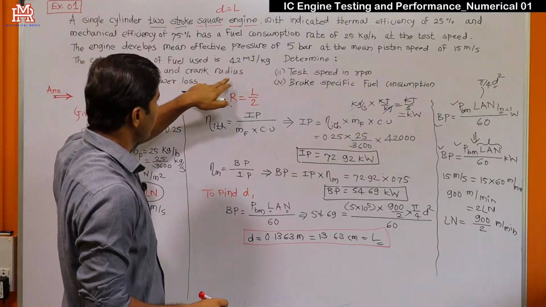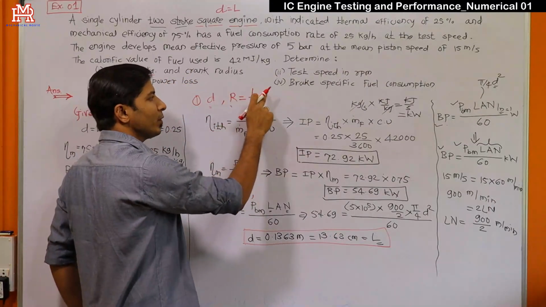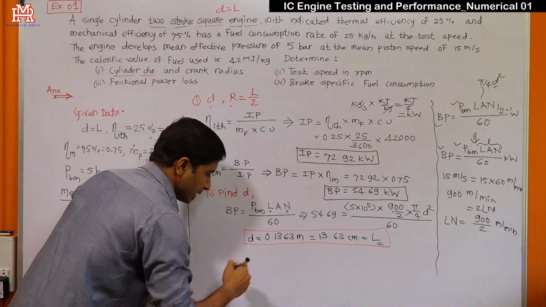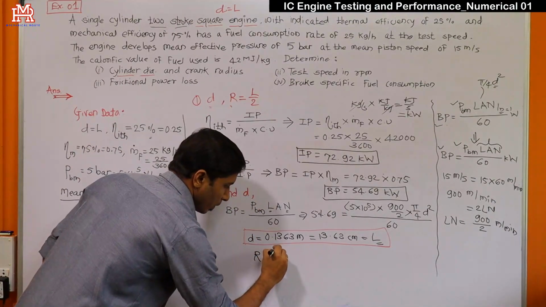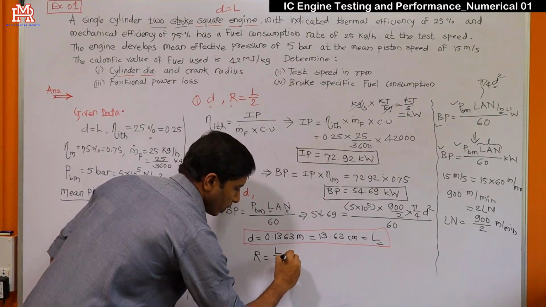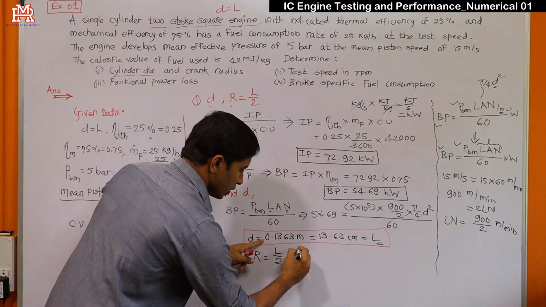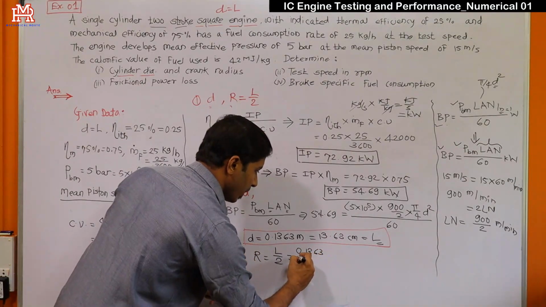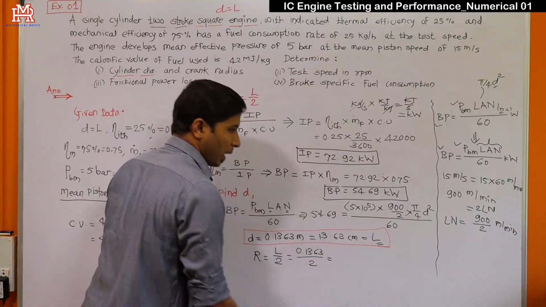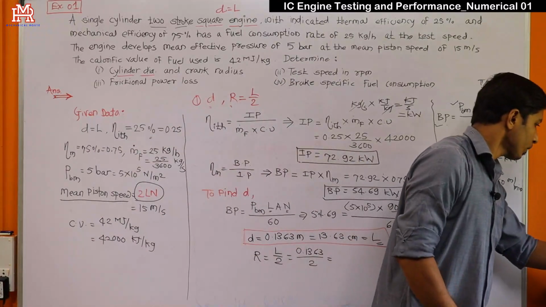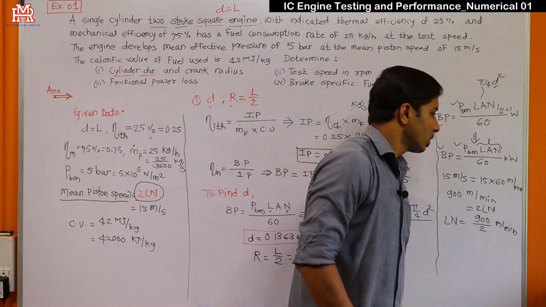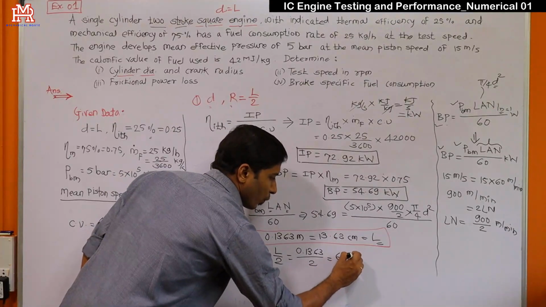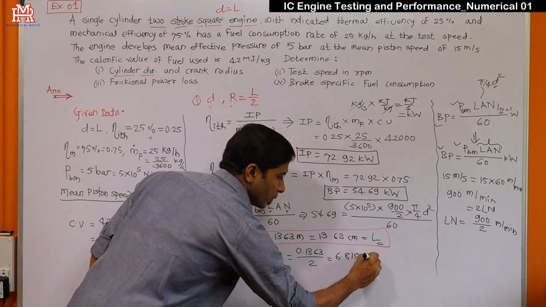Now we will find out the crank radius. So crank radius R is equal to L by 2. So simple, R is equal to L by 2, or you can use 0.1363 divided by 2, and the answer is 6.815 centimeter.